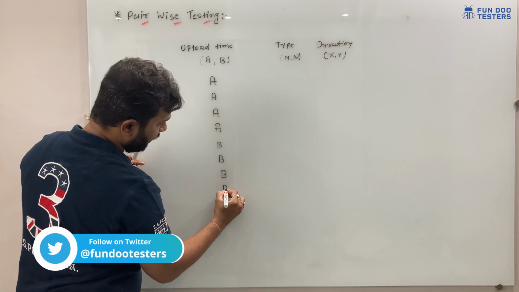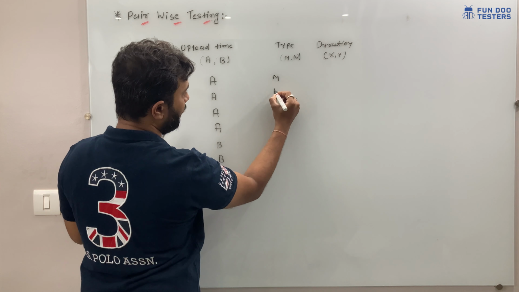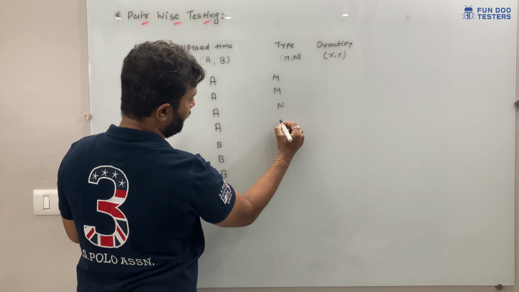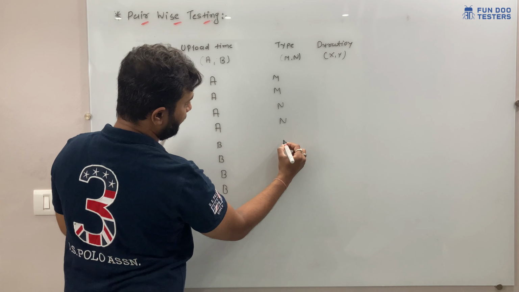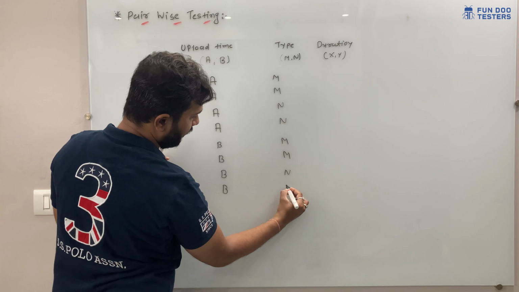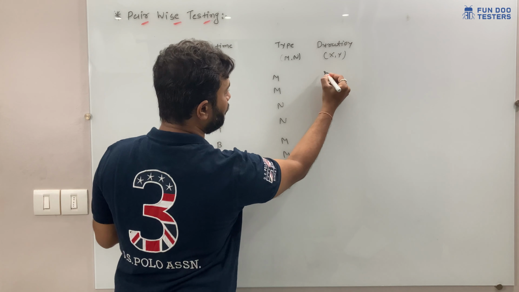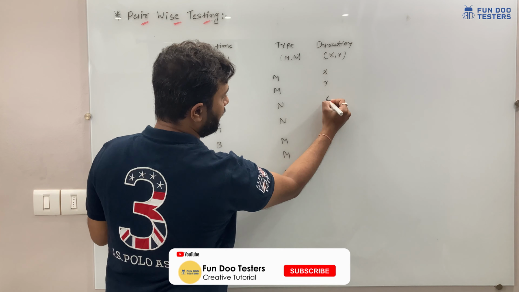Here four times B, later for M, N, we go with M, N, N, then again M, N, and last we have X and Y. So we have to do X, Y.